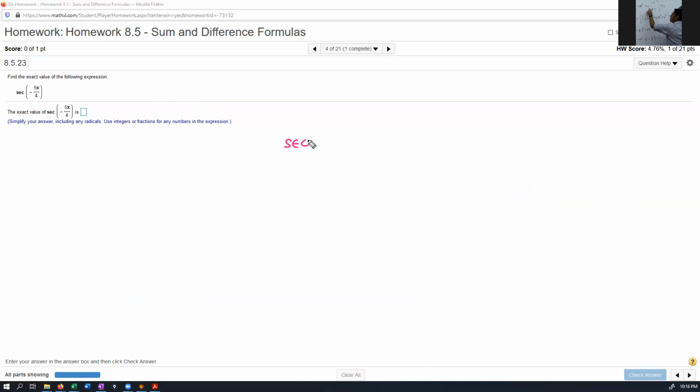So, secant of negative 5 pi over 4. Well, this is actually a common angle. We can go pi over 4, but we count negative. Here's 1 pi over 4, 2 pi over 4, 3 pi over 4, 4 pi over 4. Here's 5 pi over 4 right here. And secant is the reciprocal of cosine.